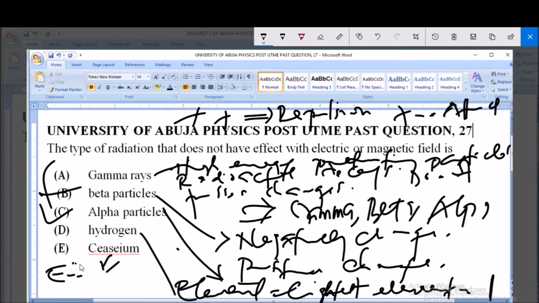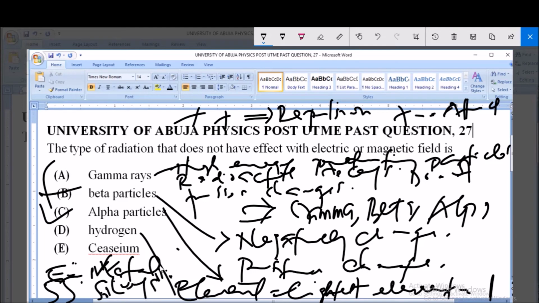It is an alkali metal with an atomic number of 55. It has a silvery or gold color, and it's also a very soft metal.